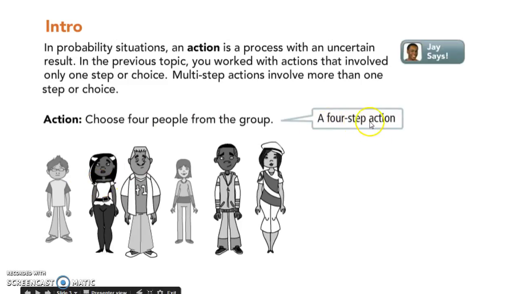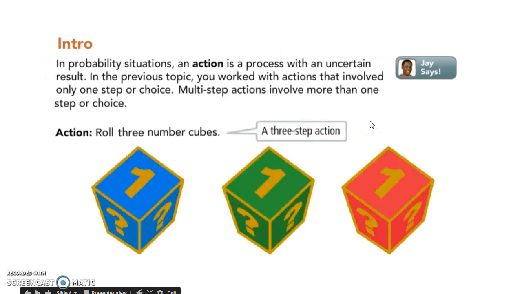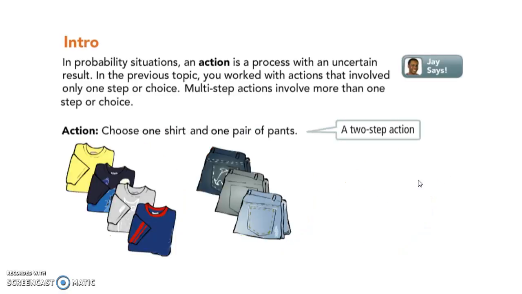That is a 4-step action. Rolling 3 number cubes. 1, 2, 3. It is a 3-step action. Choose 1 shirt and 1 pair of pants. Each choice is a step in the action. So the shirt and then the pair of pants, this is a 2-step action. Okay? So these are examples of multi-step actions.